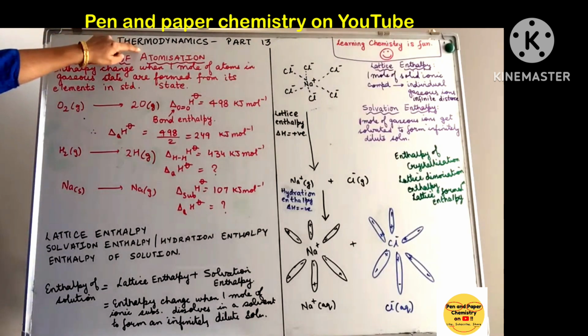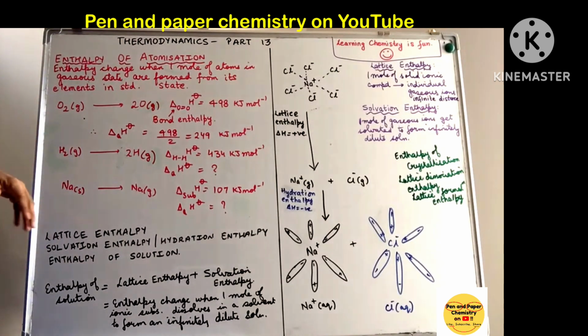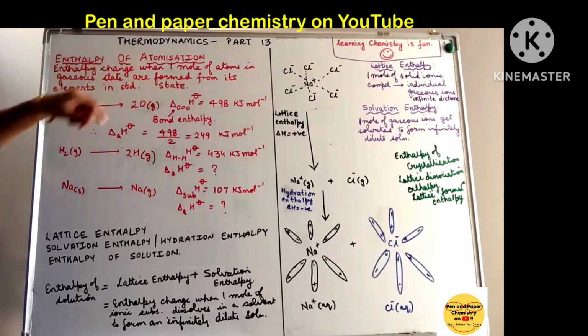Enthalpy of atomization. For this, let's first guess what do you mean by atomization. Any guesses? Yes? Okay, you can say the answer in your mind. That will make the learning more interactive and you will not feel bored. So atomization is formation of atoms.